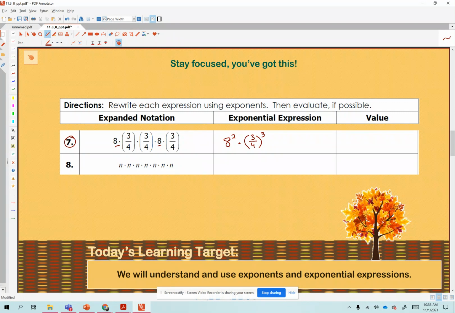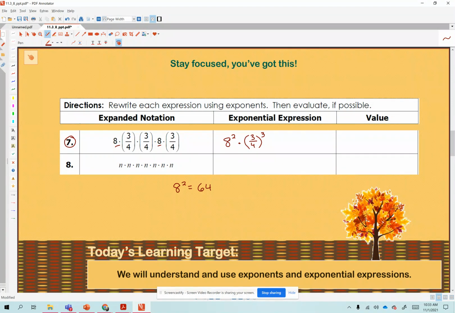So let's think about what we have here. 8 squared, or 8 to the 2nd power, is 64. If we know our squares, and we'll be memorizing those, we will understand that. But 3/4 raised to the 3rd power is 3/4 times 3/4 times 3/4.